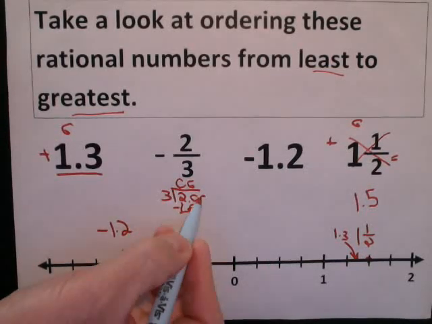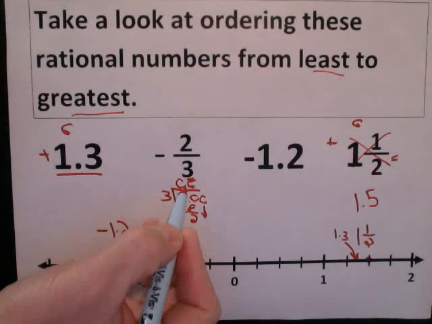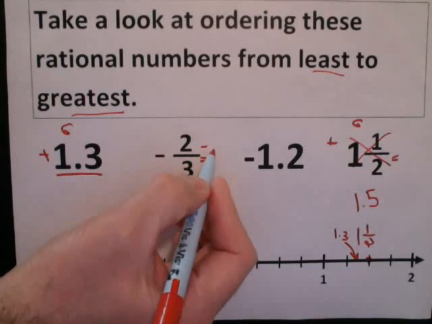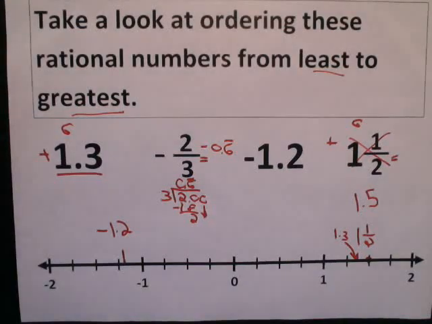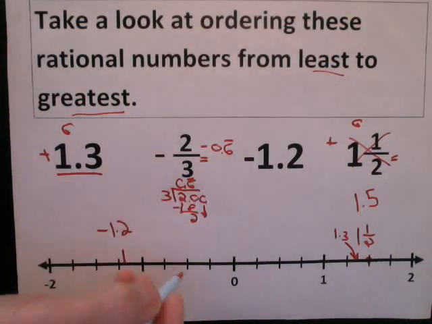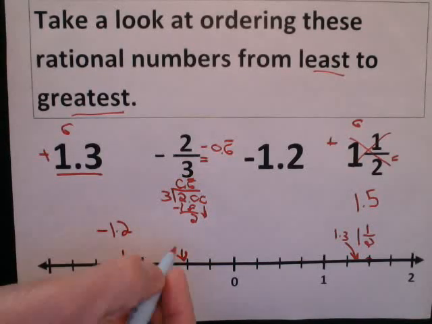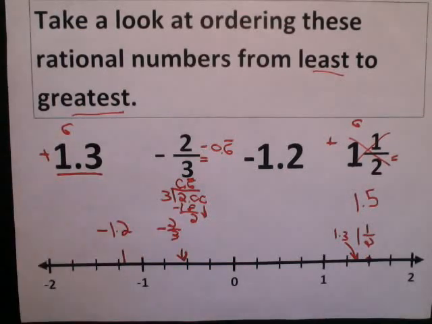And we quickly realize that we would have a repeating decimal. So this is actually equal to a negative 0.6 repeating. So in this case, it is definitely 0.6 somewhere right about there on the number line. So negative 2/3 would be right about there.